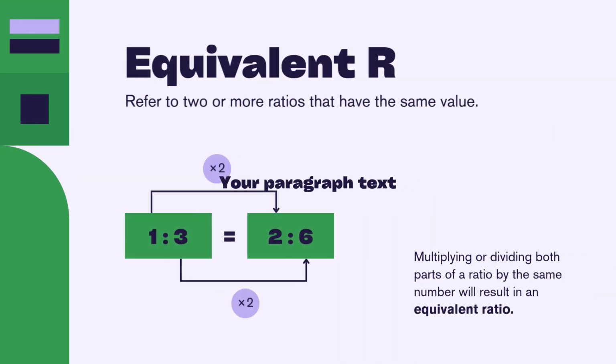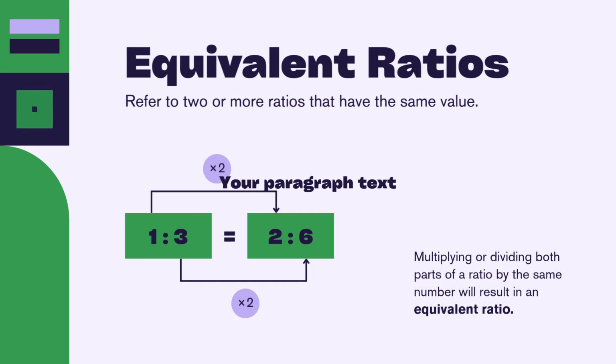Then next we move to the equivalent ratio. Equivalent ratios refer to two or more ratios that have the same value. For example, if we take 2 is to 6, it is twice of 1 is to 3. Multiplying or dividing both parts of a ratio by the same number will result in an equivalent ratio.